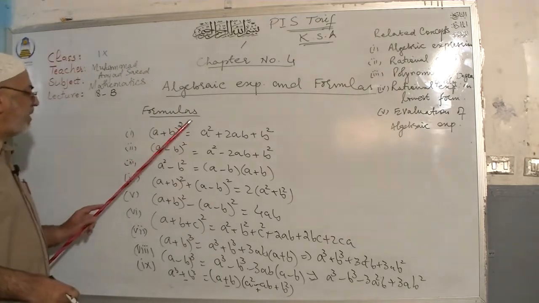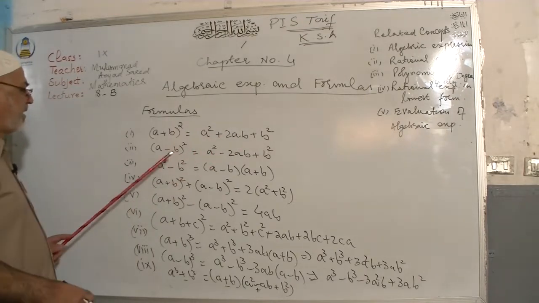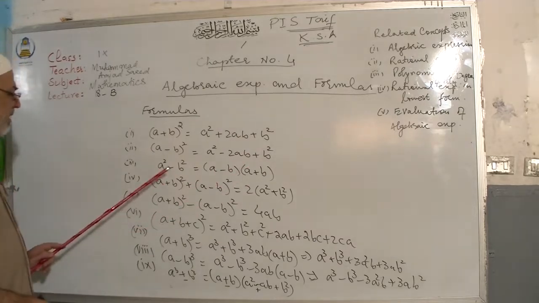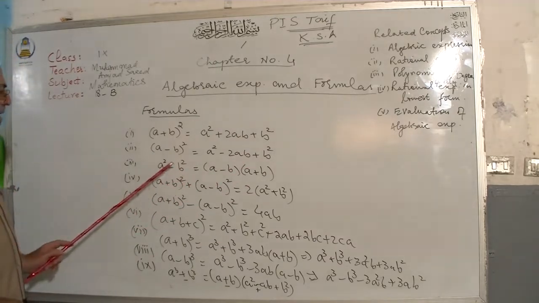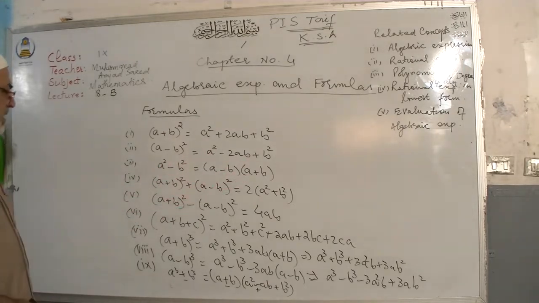Formulas are (a plus b) whole square is equal to a square plus 2ab plus b square, and (a minus b) whole square is equal to a square minus 2ab plus b square. A square minus b square, one's negative, one's positive. Remove 2 and 2, one's negative, one's positive.